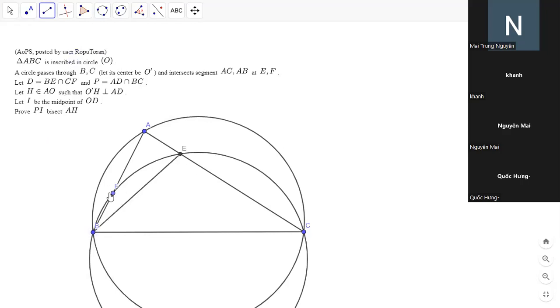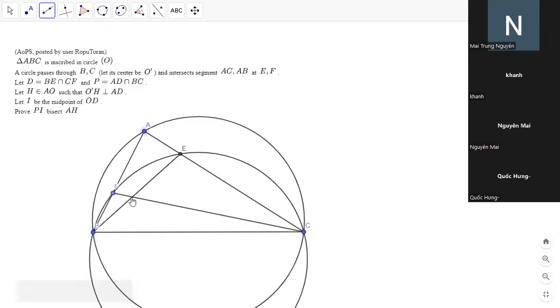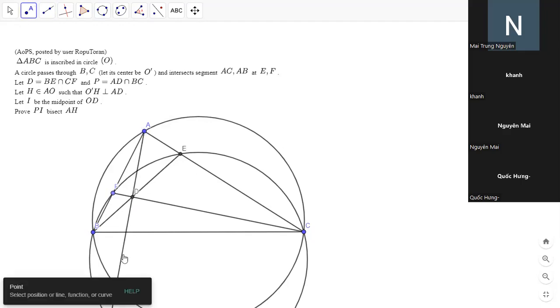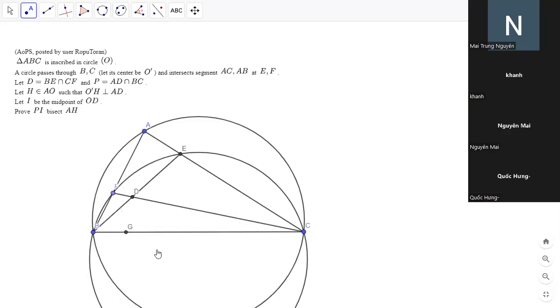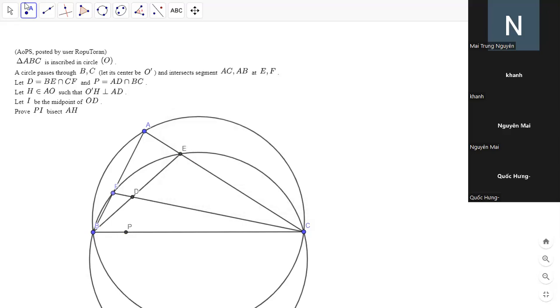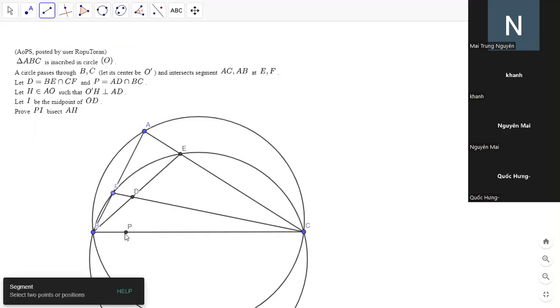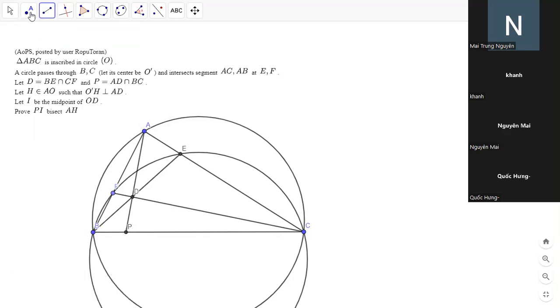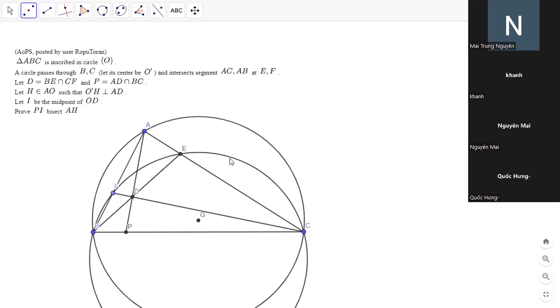So BE intersects CF at D, and this is going to be point P. And then we draw the two centers. This one and this one.